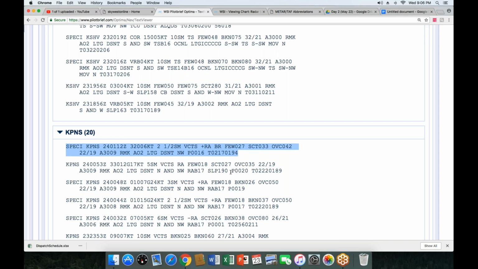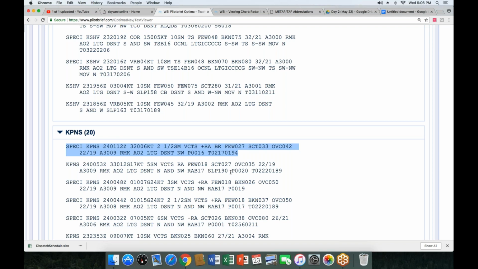We've got a temperature of 22 degrees Celsius and a 19-degree dew point. Altimeter reading of 3009. Lightning in the distance northwest. Precipitation of 1.6 inches, and an actual temperature of 21.7 and 19.4.